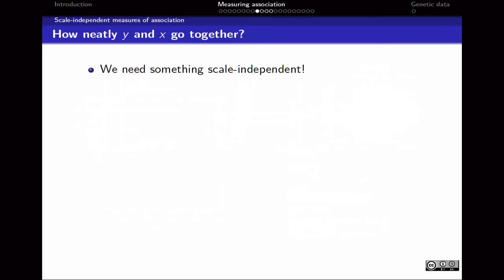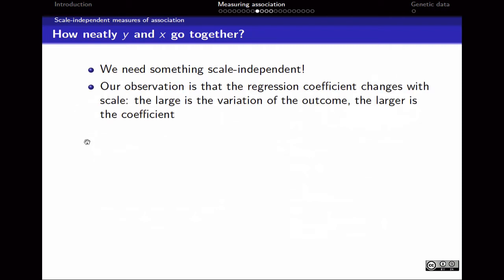Now, the intuitive measure of regression would correspond to a feeling of how neatly x and y go together. But in this case, of course, we need something scale independent. Our observation now is that the regression coefficient changes with scale. The larger is the variation of the outcome, the larger is the coefficient.